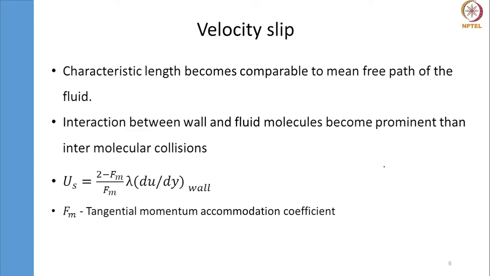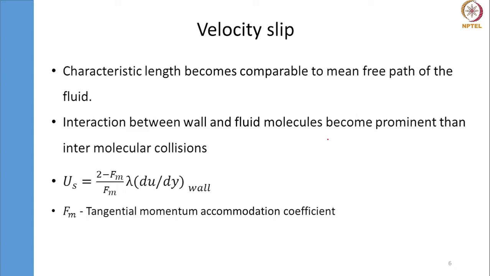I have spoken about the velocity slip. That is, we are no longer free to apply the no slip boundary condition when we are in transition flow or free molecular flow.